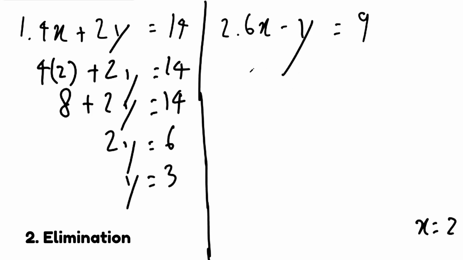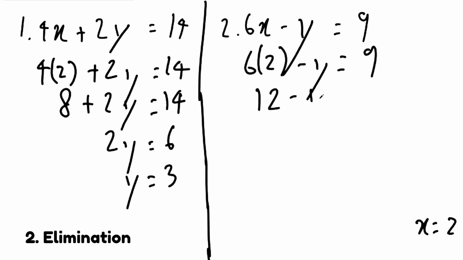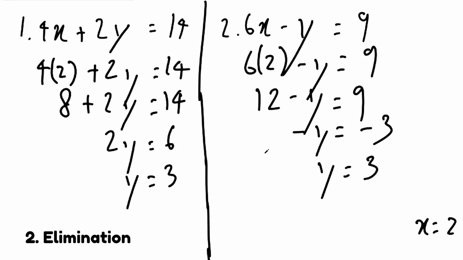I'm going to do the same thing with the second equation. You can see I've got y equals 3 for the second equation too, which confirms it's correct. So I'm going to write this in the corner.